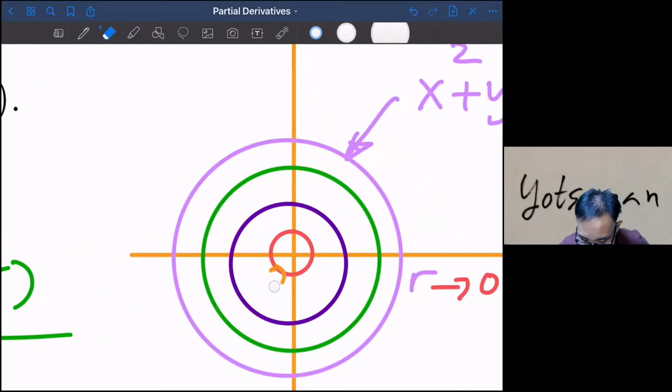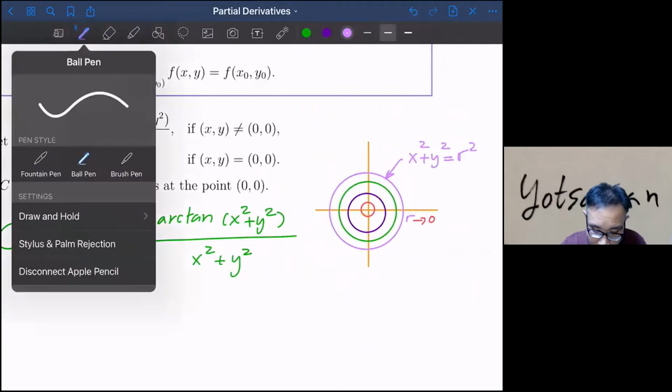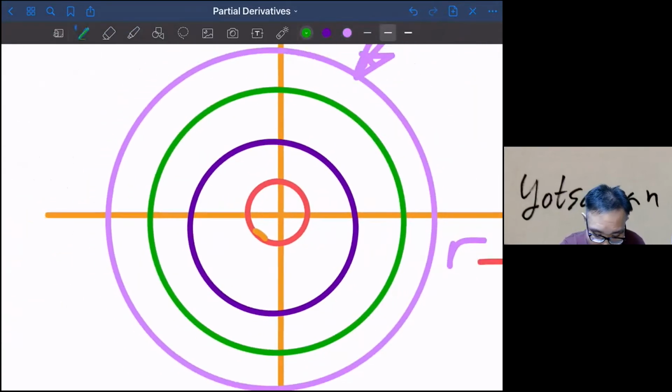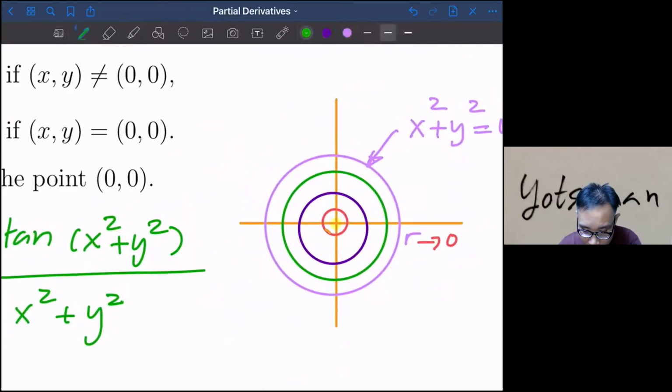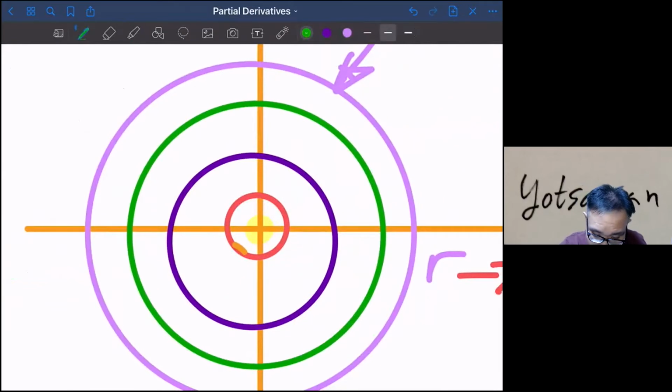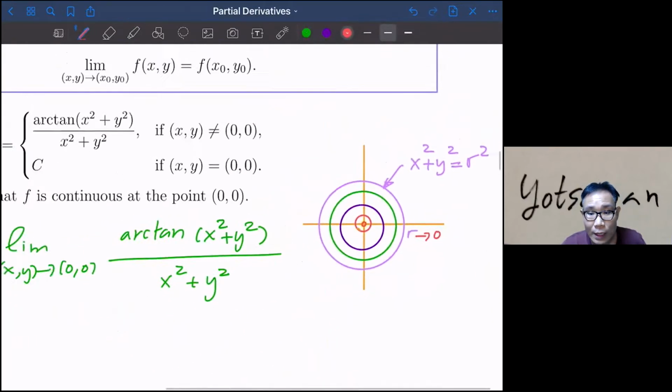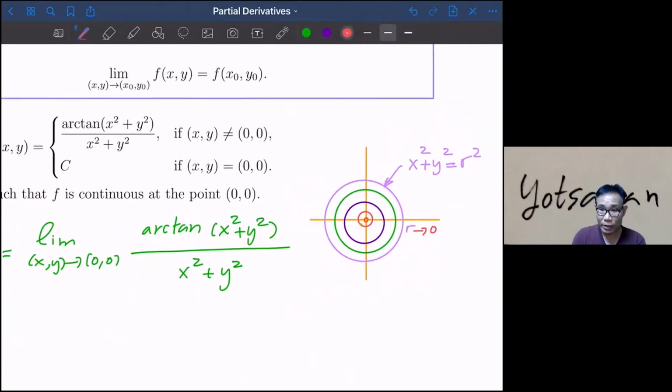So you see the origin in the middle turns out to be (0,0). For this one, you'd like to approach (0,0) in the middle by changing x squared plus y squared and letting it equal r squared.